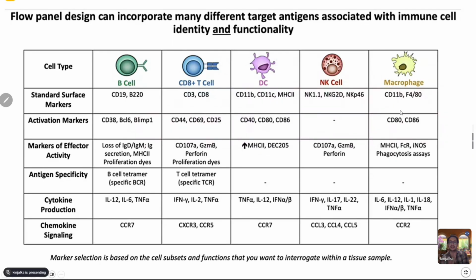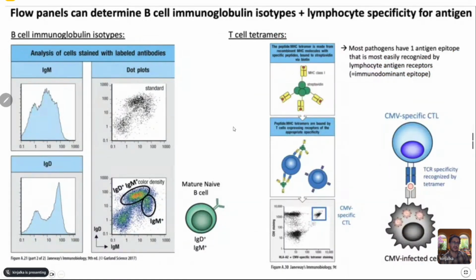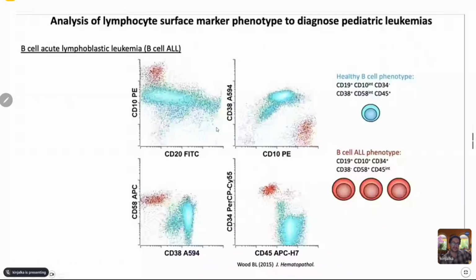Whereas if you have only CD11B but no CD11C, chances are that it's a macrophage, and so on. Then there can be flow panels to determine the lineages. It's similar to what we have just discussed. And you can multiplex, you can identify immunoglobulins also, IgG, IgM, and so on. What kind of immunoglobulins are being secreted by those cells.